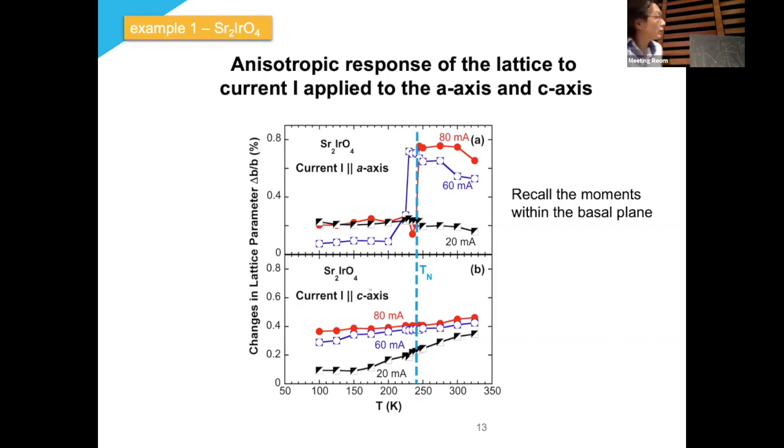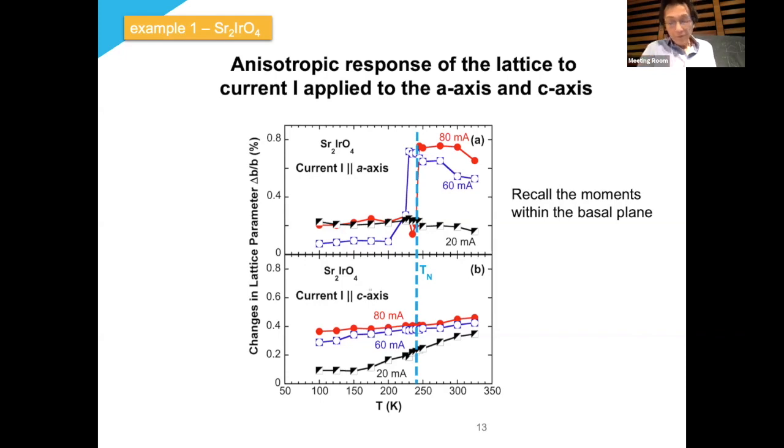At the same time, when we apply current along the C-axis, there's not much going on here. Recall that the magnetic moments, there's some canting there, but they are within the AB plane. So this result actually is reasonable. That means the current is somehow engaged with the lattice, and the lattice in turn is coupled with the moments.